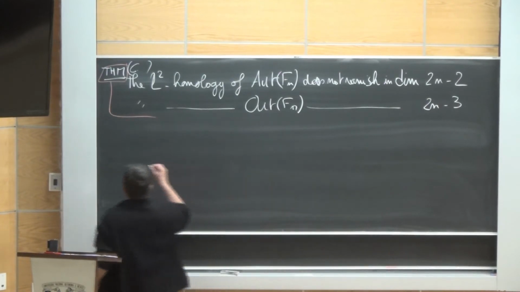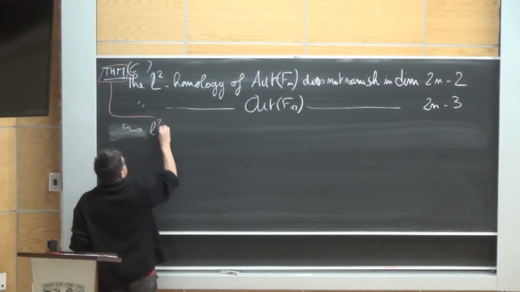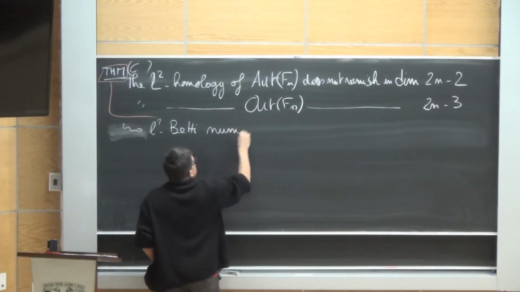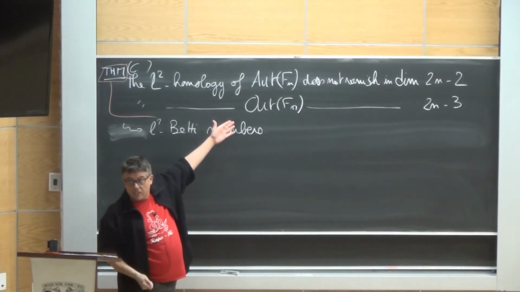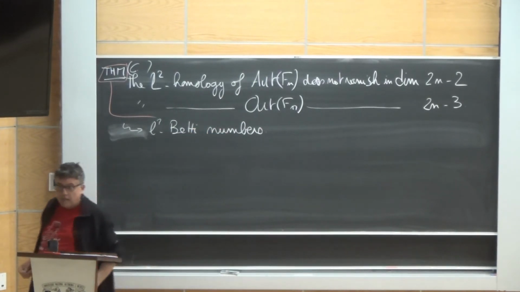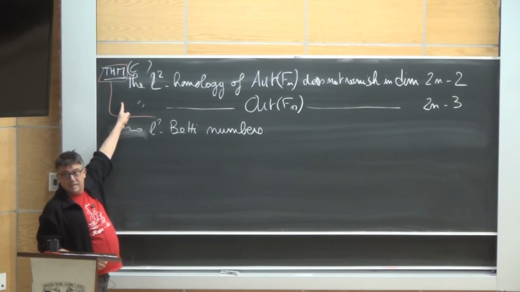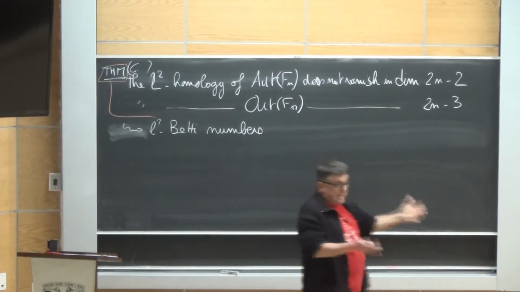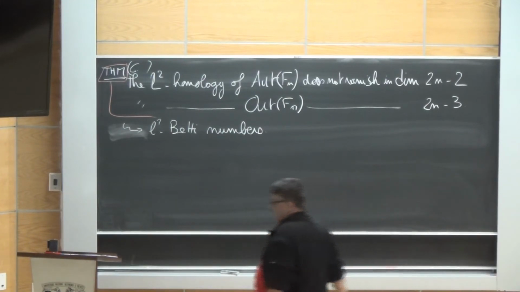So, just let me write it, that we have L2 Betti numbers which witness the vanishing or non-vanishing of L2 homology. Okay? In this theorem, I'm not able to compute the exact value, just that it does not vanish. Okay? You can believe that L2 Betti numbers vanish if and only if the homology vanishes. Okay? Good.